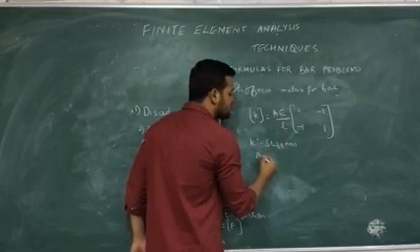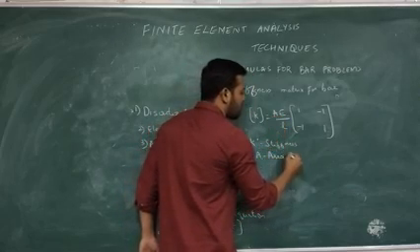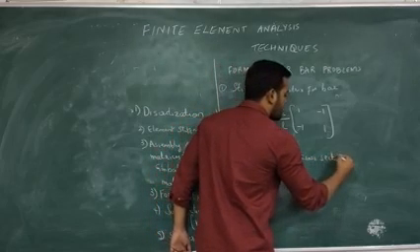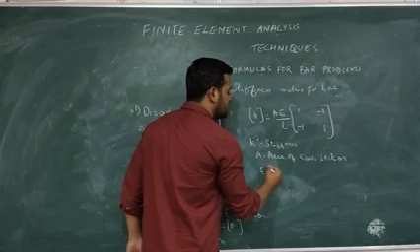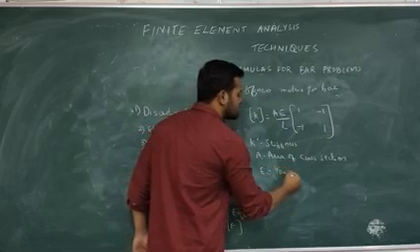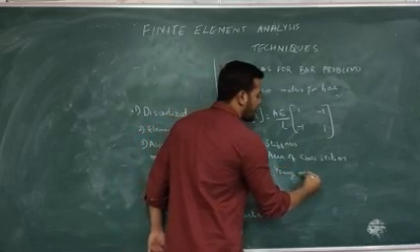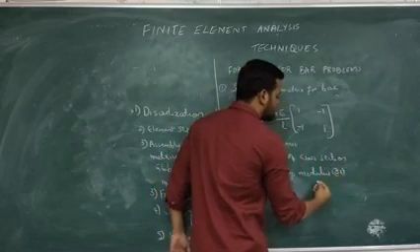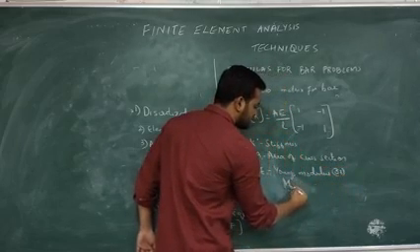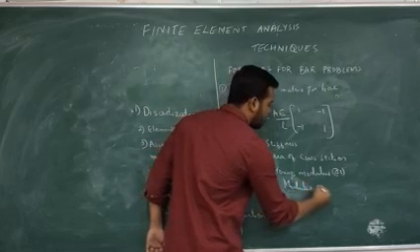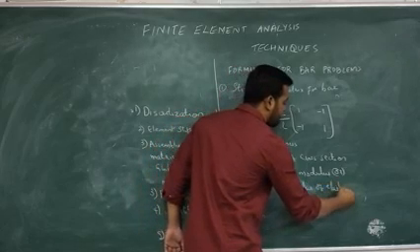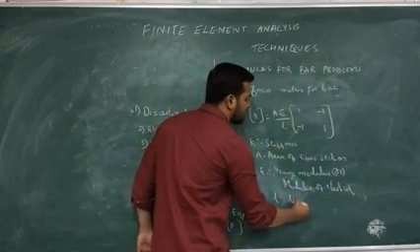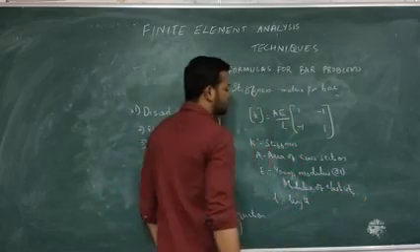A is area of cross section. E is called Young's modulus, also called modulus of elasticity. L is length of the bar or length of the element, also length.